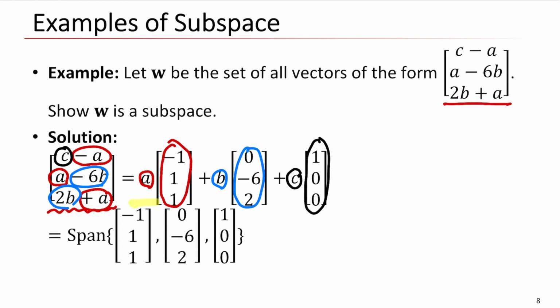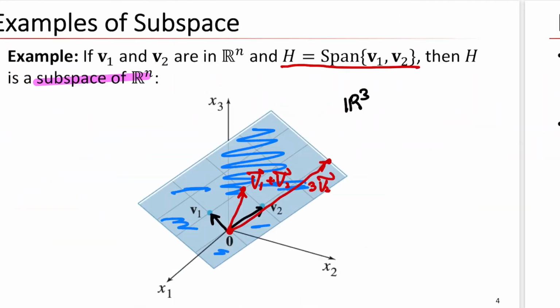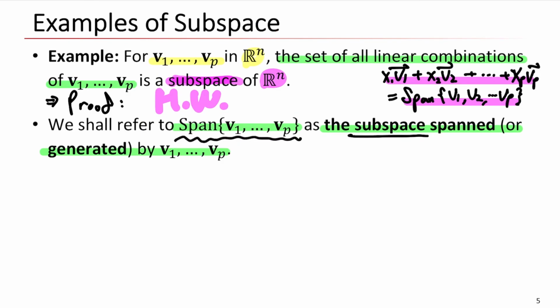Then what is this? This is a linear combination of this vector, this one, and this one, or the span of these vectors. Because W is the span of arbitrary vectors, right? Because W is the span of the three vectors, W is a subspace, from this statement.